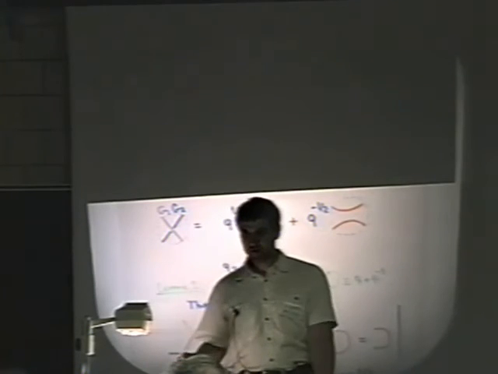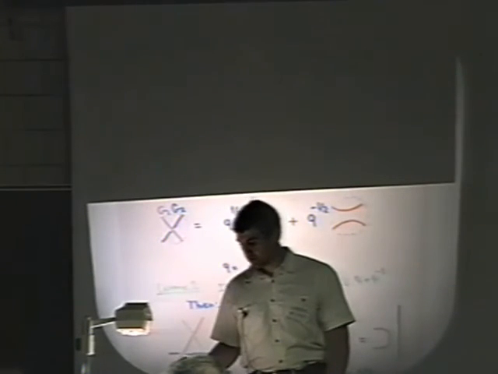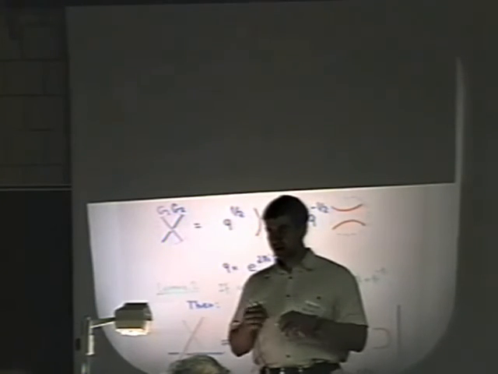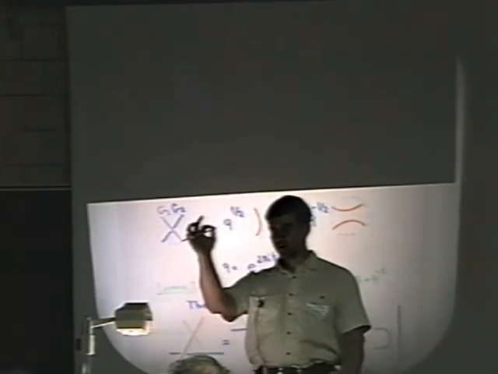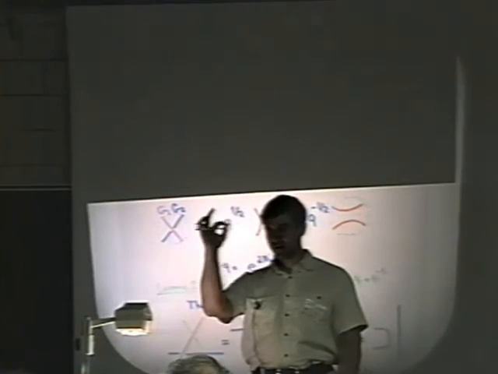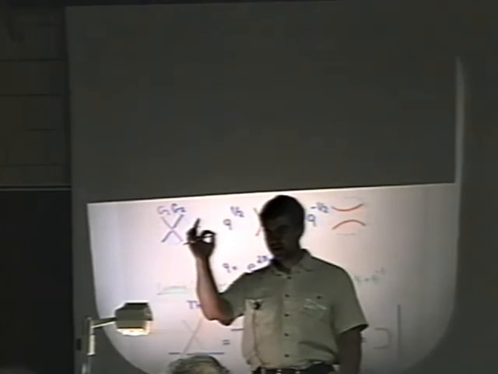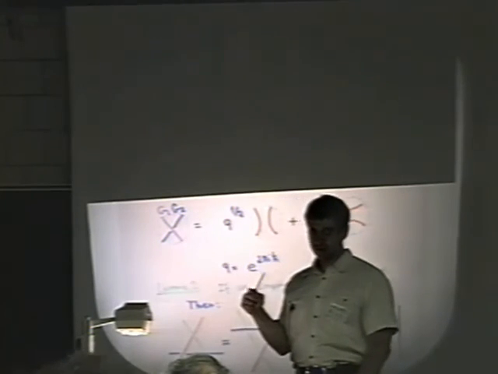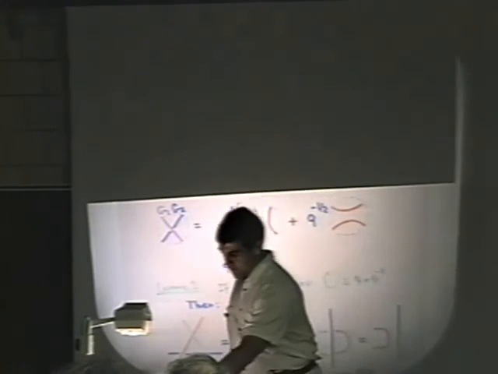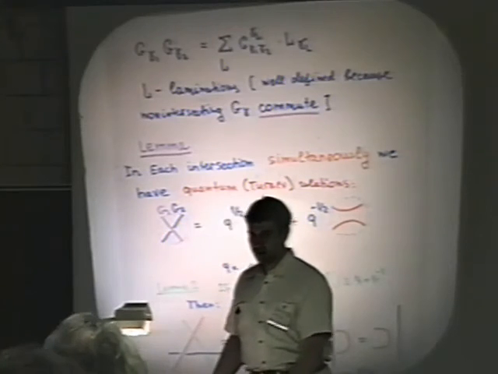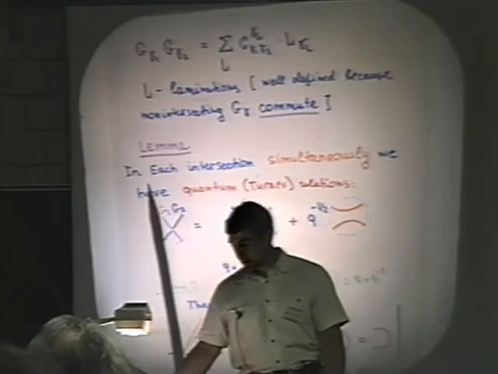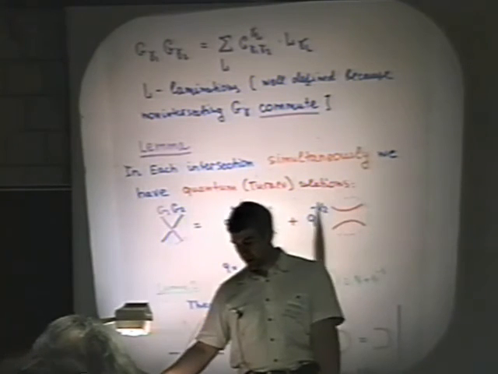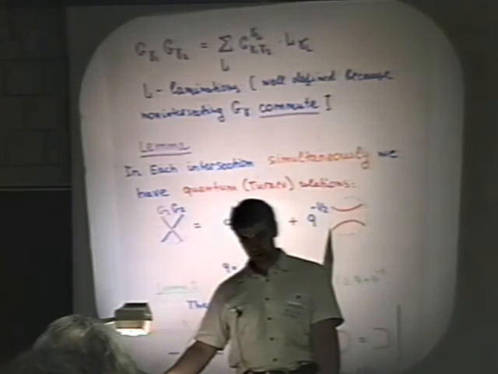This, for instance, means that if we have multiple intersections and we want to implement this quantum relation in just one intersection point, then we fail. It's not a consistent procedure. The consistent procedure is that if we have multiple intersections, then the only way is that in each intersection we must simultaneously implement this relation.